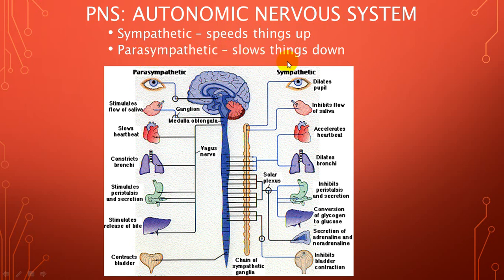So for instance, when I am speeding things up, my pupil here, it says it dilates. Okay, I thought it constricted, but that's being taken care of here. We have, this is interesting, the flow of saliva. Let's think of sympathetic as stressed out. It's speeding things up because I'm stressed.